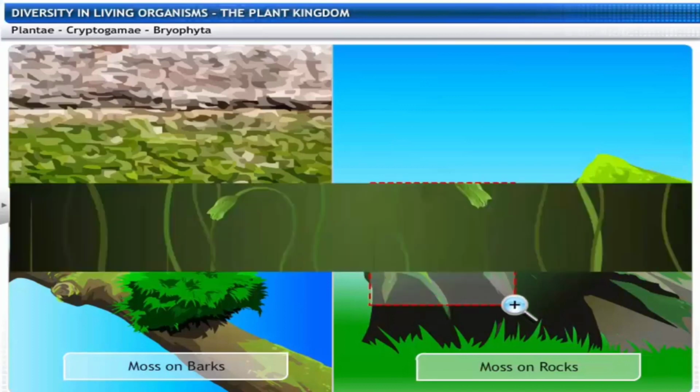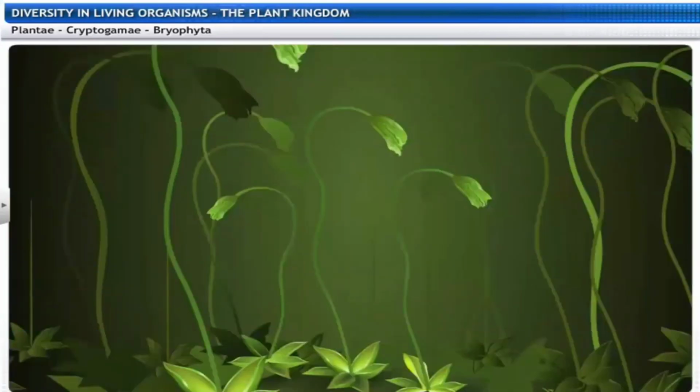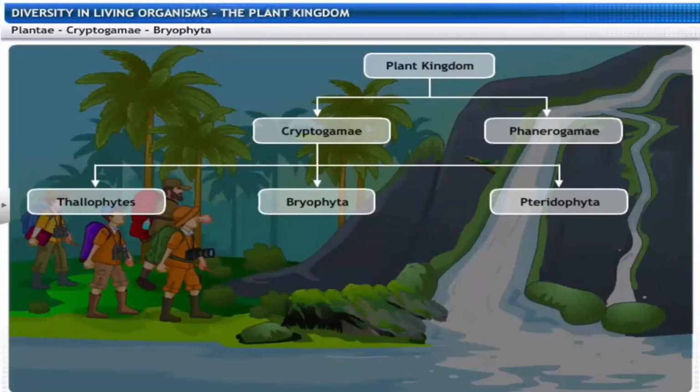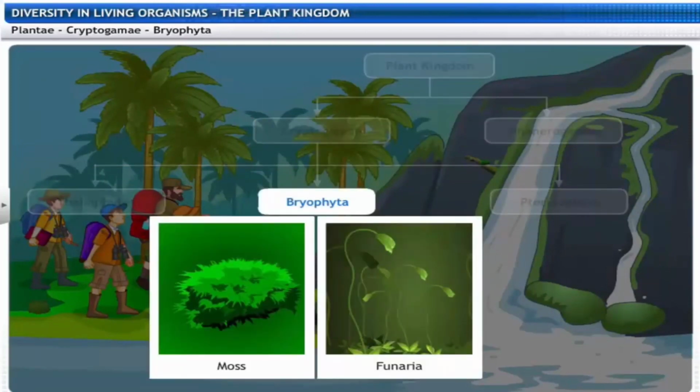Now, look at it closely. You will find that it resembles a plant. That is, it displays a stem and leafy structure. Moss or Funaria belongs to the group Bryophyta.